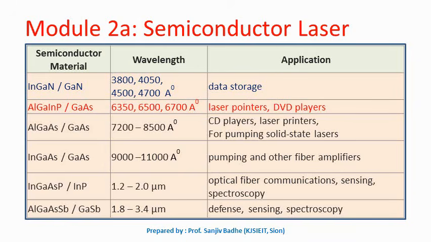So silicon and germanium are not so useful in constructing a semiconductor laser. The semiconductor material used for constructing a semiconductor laser is obtained by mixing a group 3 element with a group 5 element in different proportions. Different proportions will result in different wavelengths.